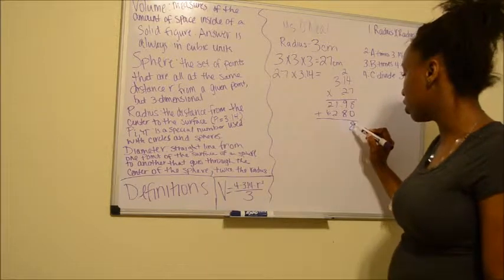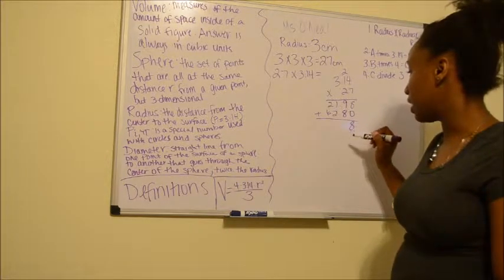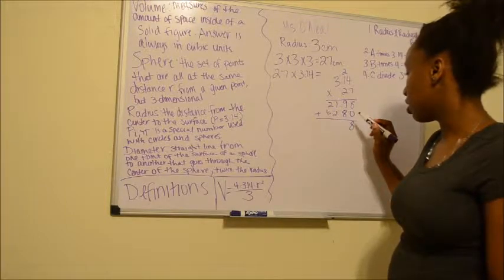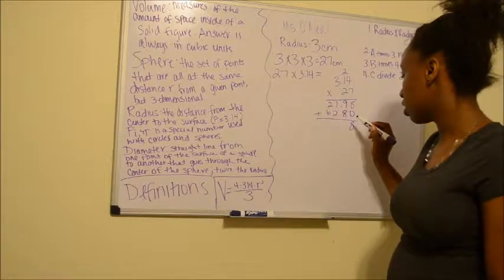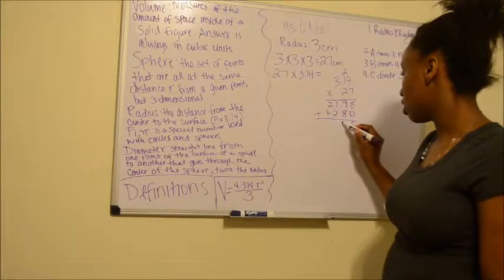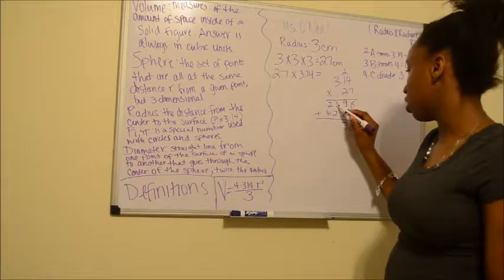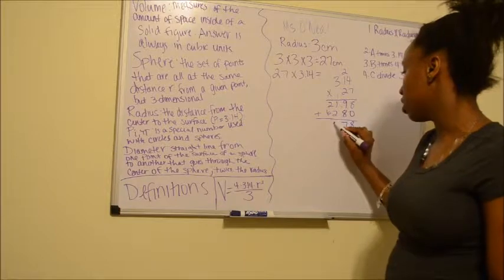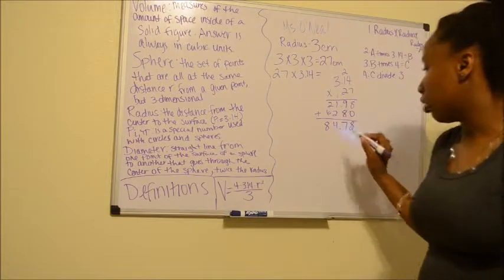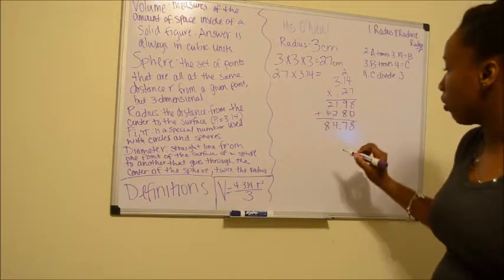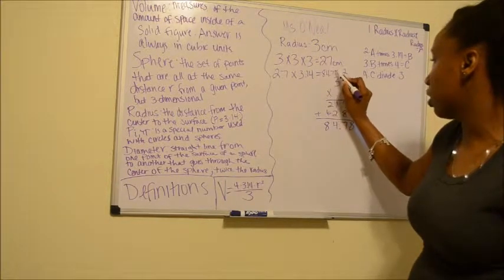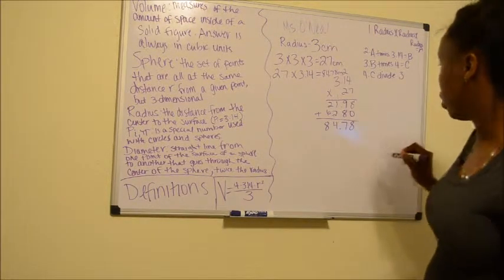So 8 plus 0 is 8. 9 plus 8 is 17. 2 plus 1 is 3, plus another 1 is 4. And 6 plus 2 is 8. So you add your decimal in between because it's 2 over. Your answer is 84.78 centimeters. That would be your B.